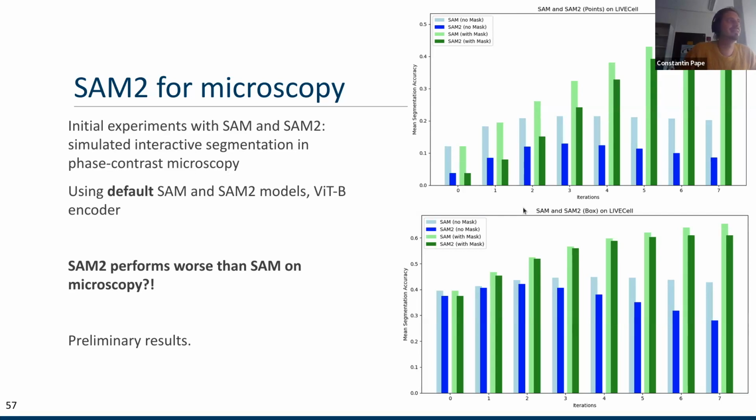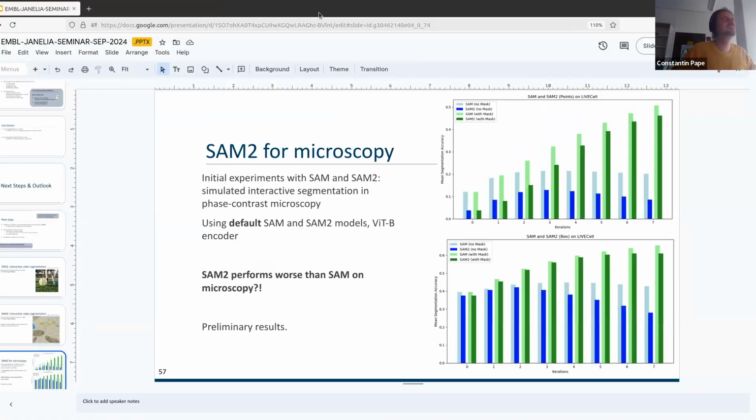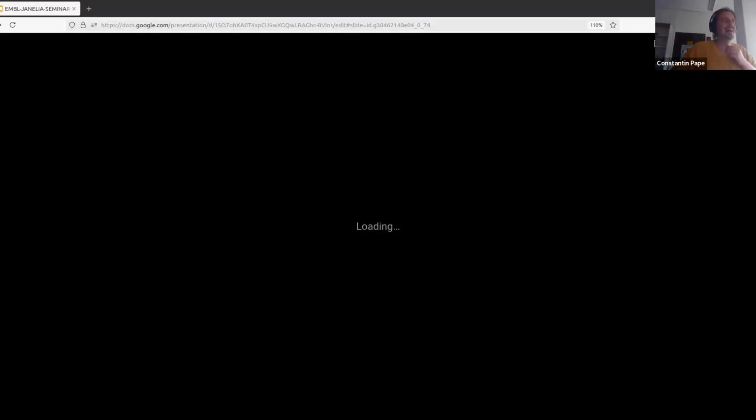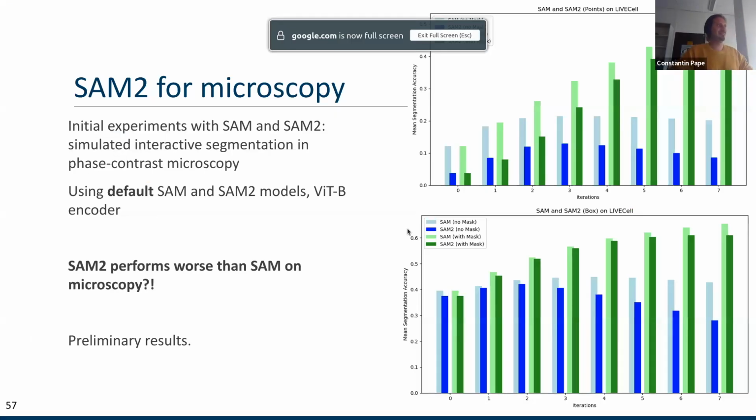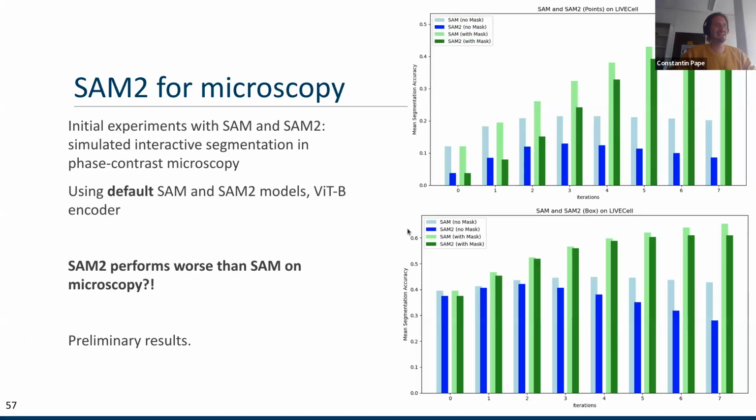Anyway, just to summarize, if we read this plot properly, our preliminary results tell us that the microscopy image segmentation for SAM2 is not as good as for the original model.